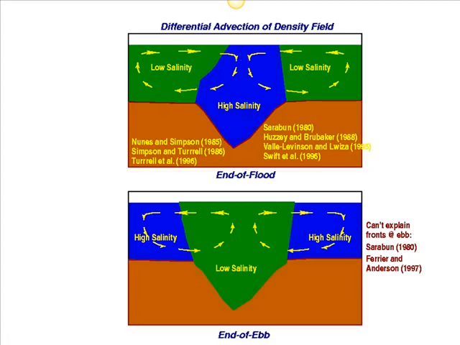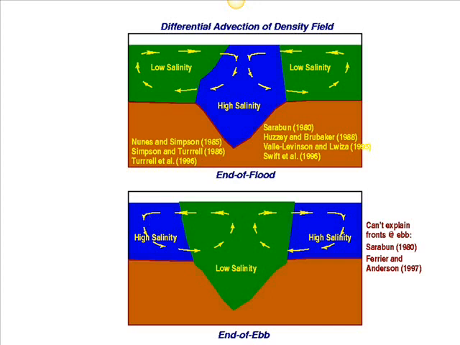Because if we use the same reasoning during ebb phases of the tide, if we have differential advection of the density field during ebb, then by the end of ebb you'll have lower salinity water here, because the tidal currents are stronger. You have advection of lower salinity water in the channel relative to the shoals, where the currents are weaker.